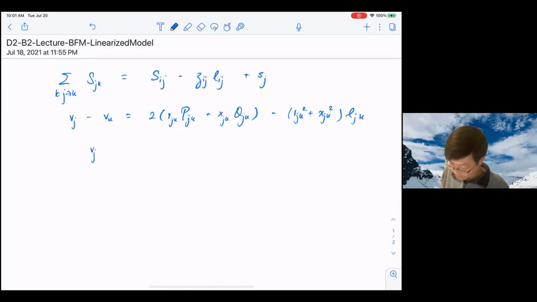And then there's V_j. So this is the original DistFlow model.